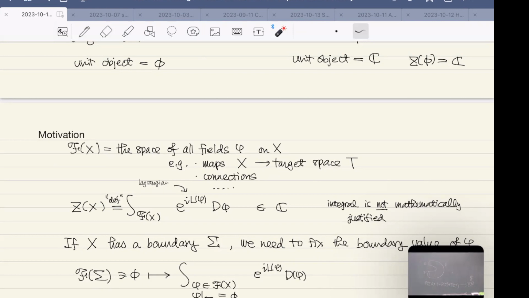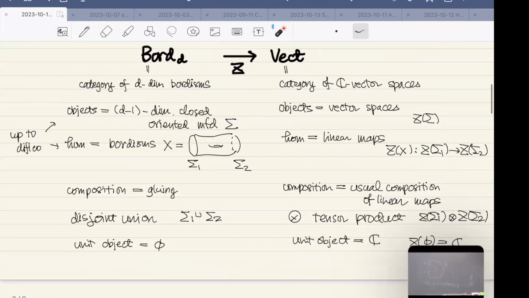Then for this assignment, for a closed D manifold, you should have a homomorphism from the complex numbers to the complex numbers, which is nothing but a complex number.